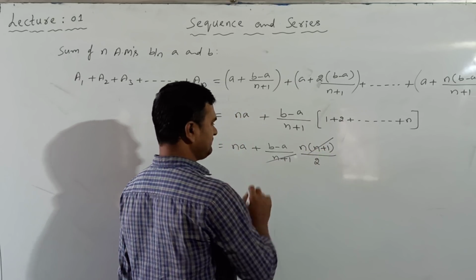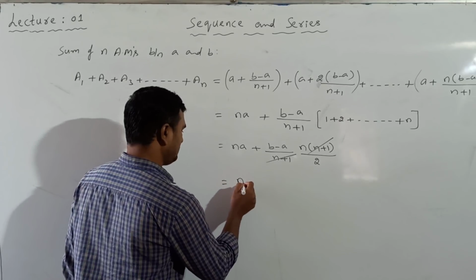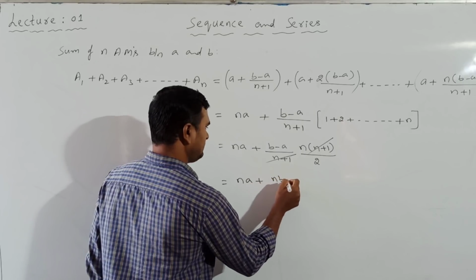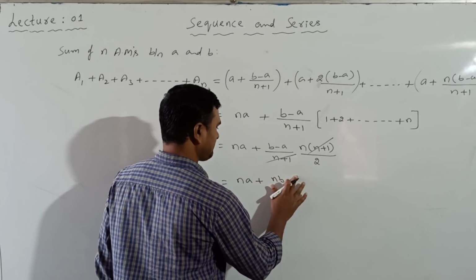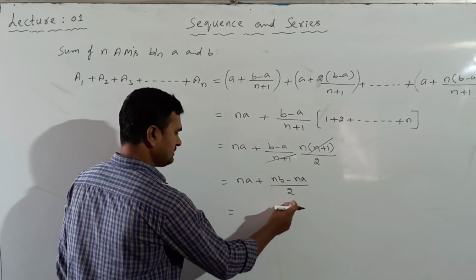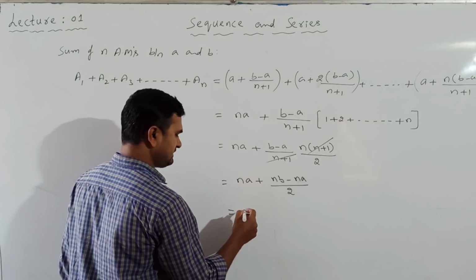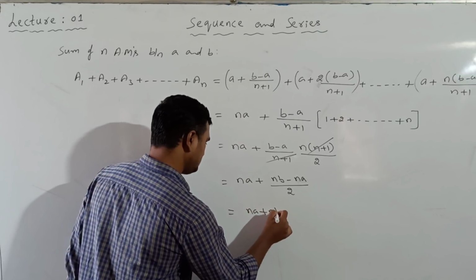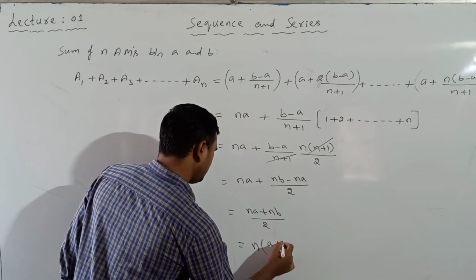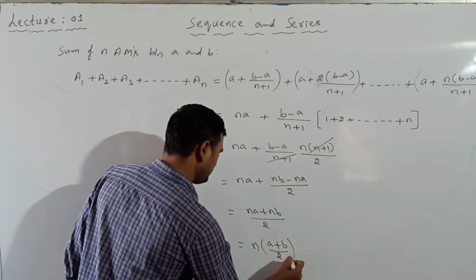So n plus 1 will get cancelled. So it is nA plus (nB minus nA) divided by 2. Taking 2nA minus nA, it is nA plus nB by 2. Taking n common, n into (A plus B) by 2.